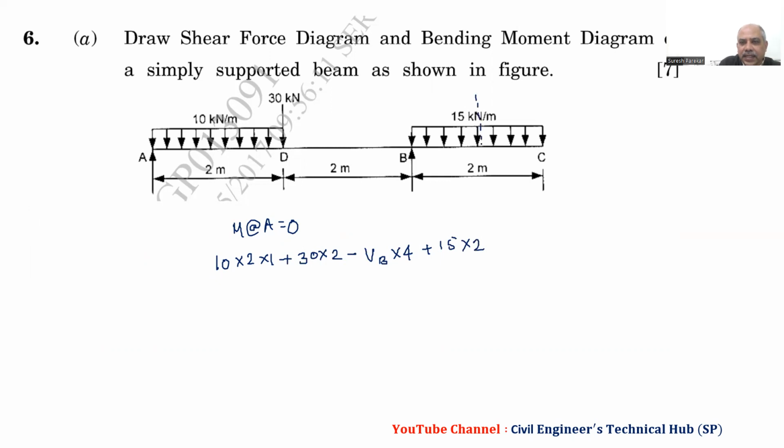It will act at the center, so this is 1 meter. So 2, 2, 4, 1, 5. So 15 into 2 into 5 equal to 0. And therefore we will get the value of VB, that is equal to 20 plus 60, 80.